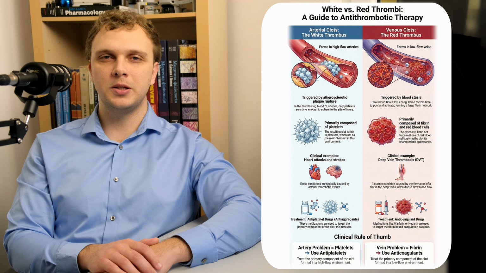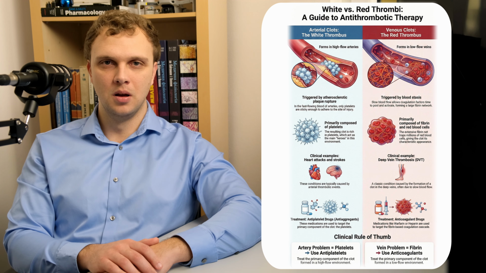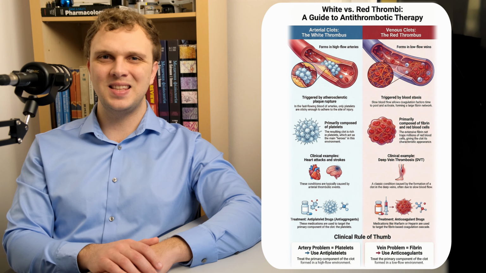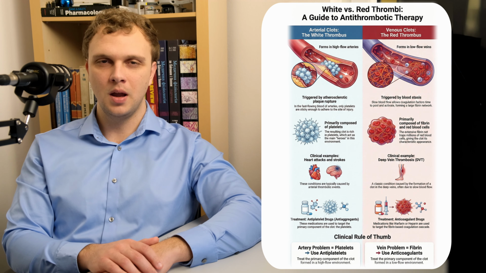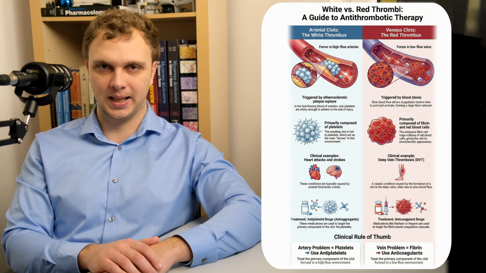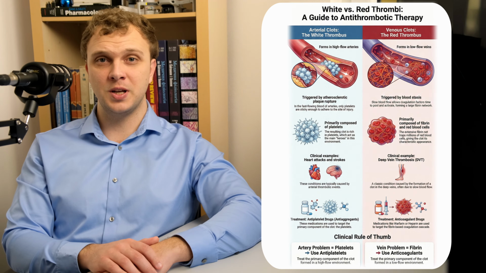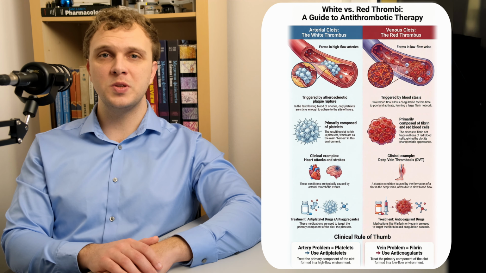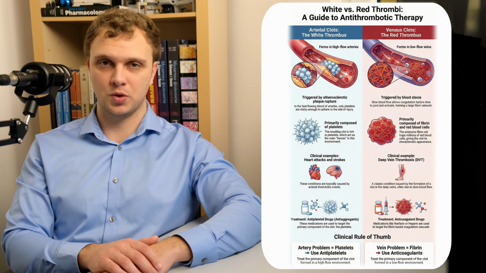When atherosclerotic plaque ruptures, platelets are the main heroes, because they are the only ones sticky enough to hold on against that high flow. The resulting clot is rich in platelets, so we treat this with antiaggregants. This is why we use them for heart attacks and strokes.